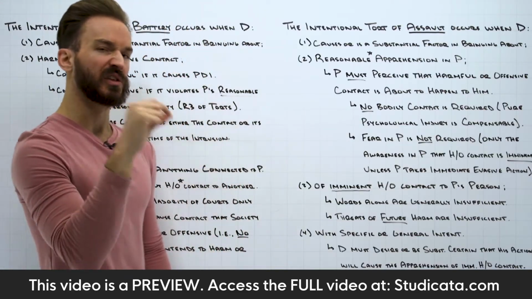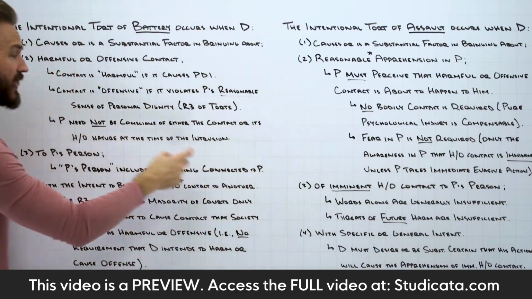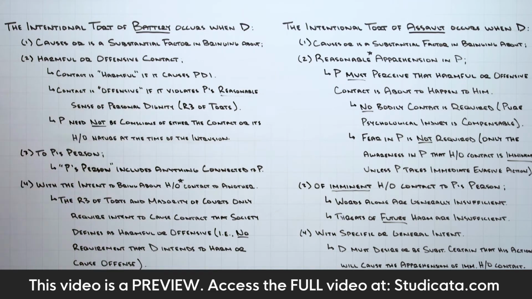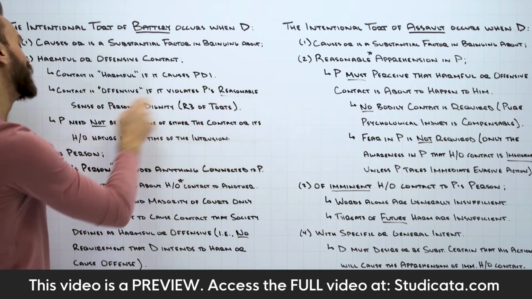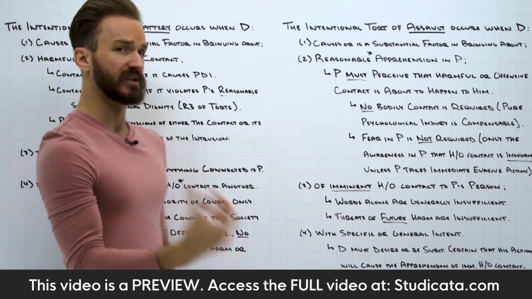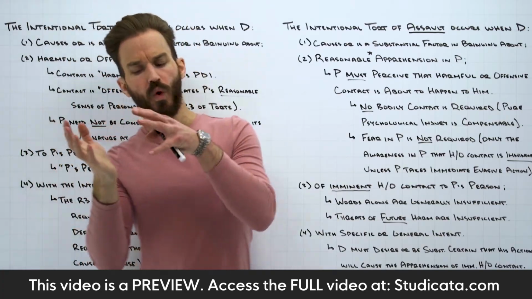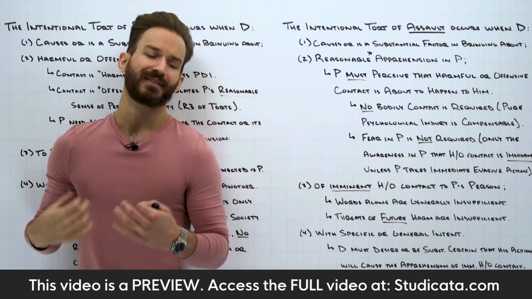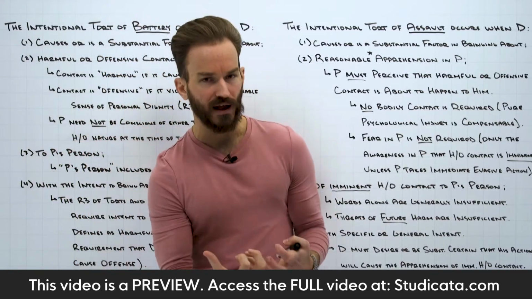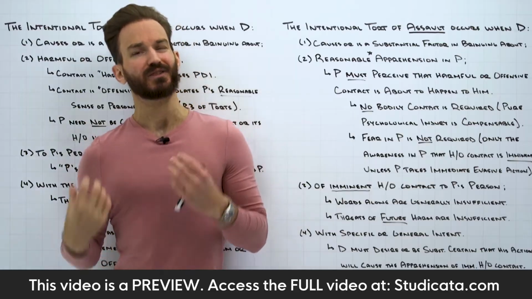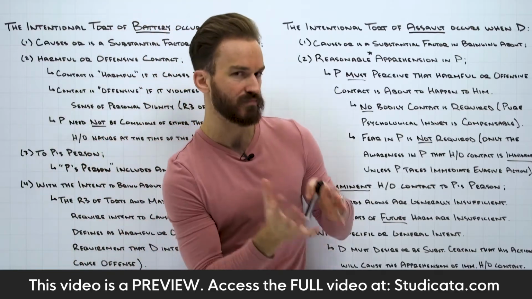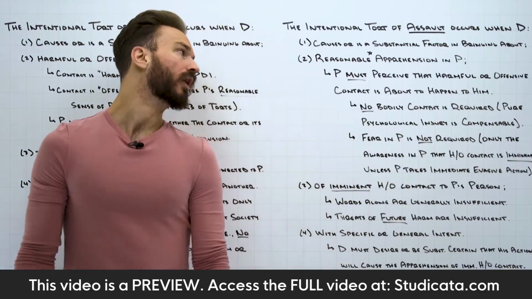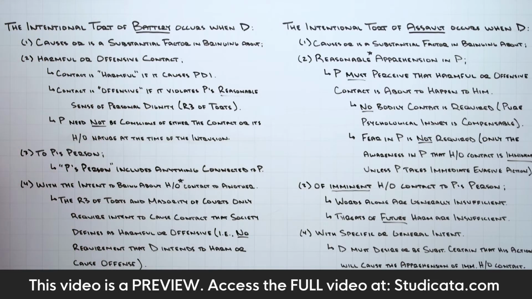It's not necessarily harmful, but in the right context, it could be offensive, right? If it violates the plaintiff's reasonable sense of personal dignity. Okay, so that's one form of offensive contact I would be looking out for. It's anything that's really disrespectful, where the defendant's delivery is also meant to be really disrespectful. That's where we get offensive contact.